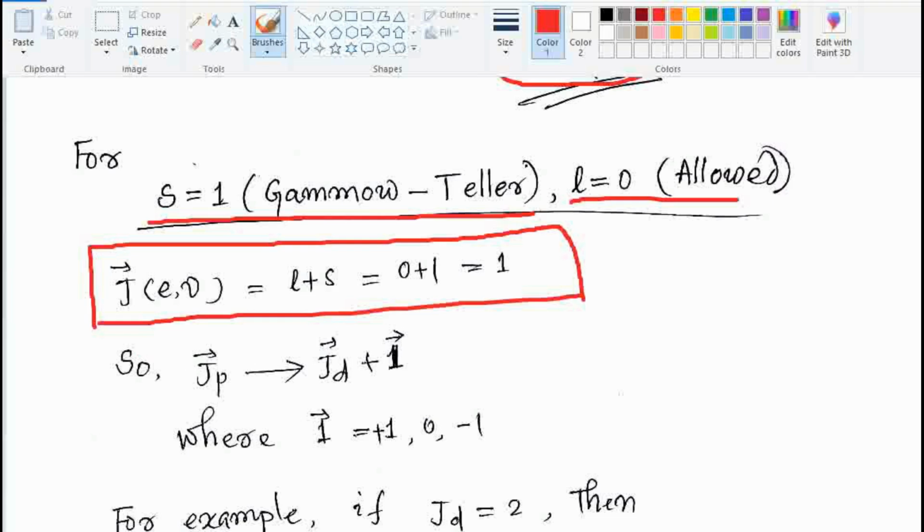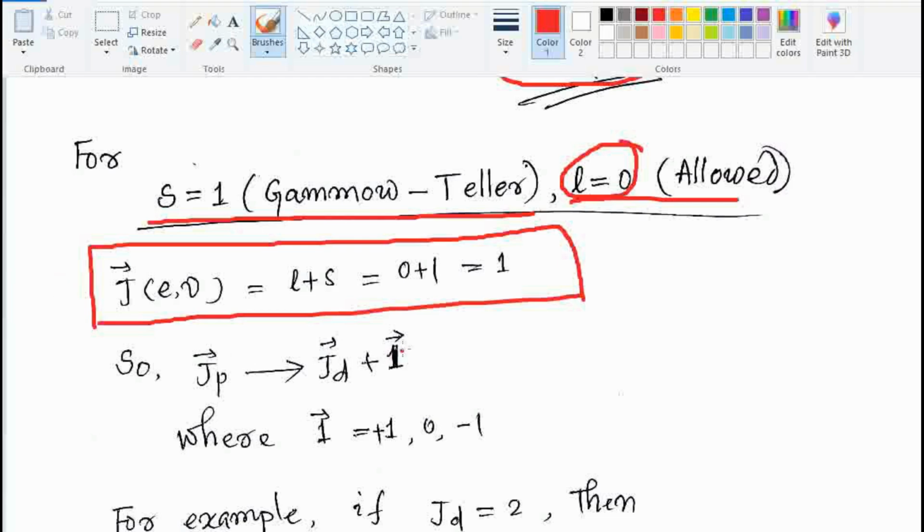Why? Because the outgoing particle is now taking a spin. The orbital angular momentum is 0, but as S equal to 1, the spin has changed.